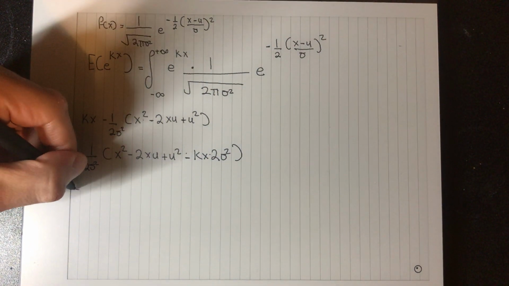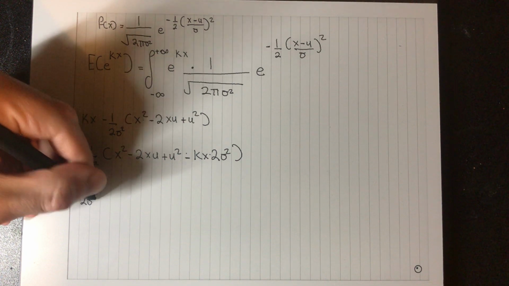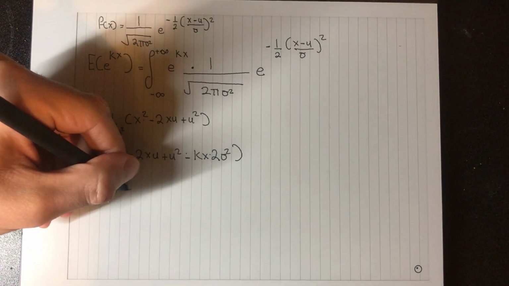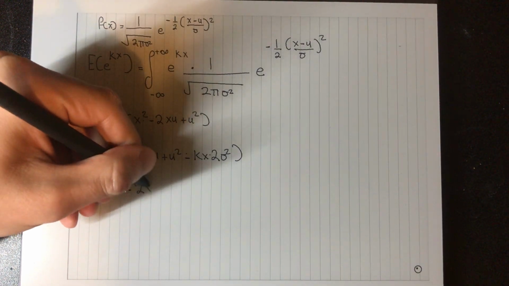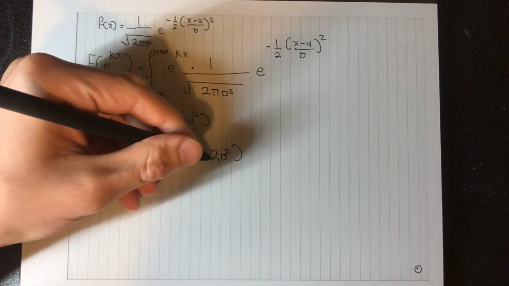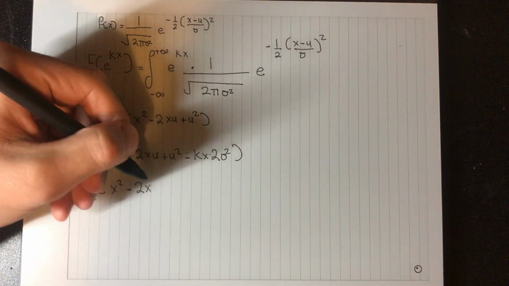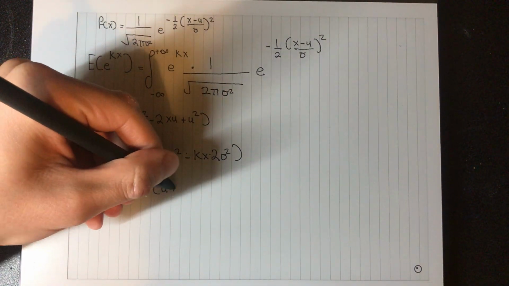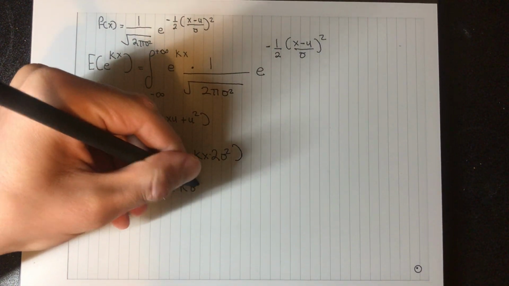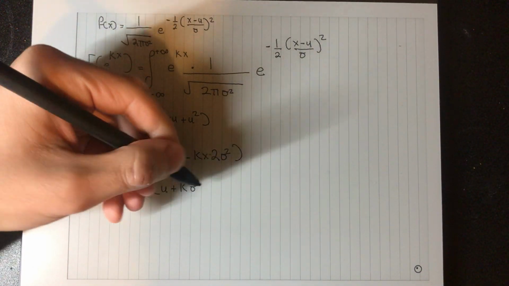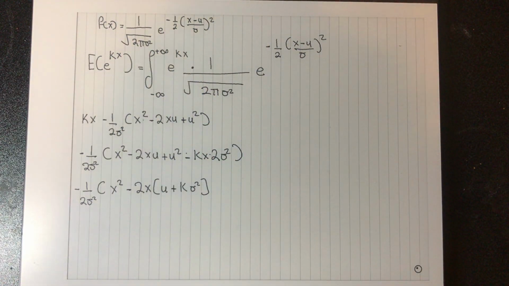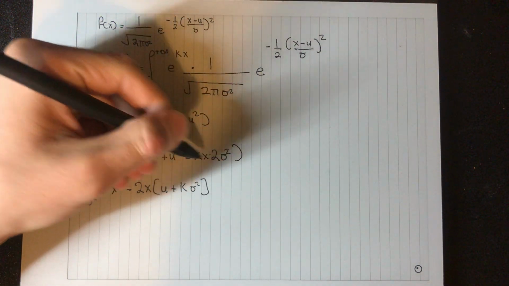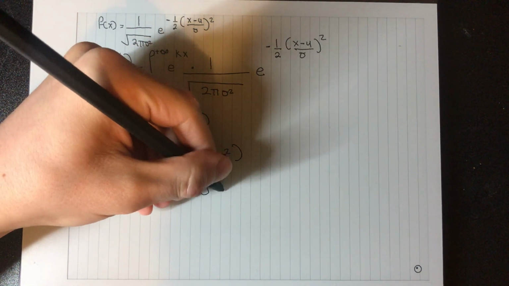So what I will do is take out negative 2x, as both of them have negative 2x, and then that will be mu plus k sigma squared, and that is the combination of this section and this section. Then I would have plus mu squared.